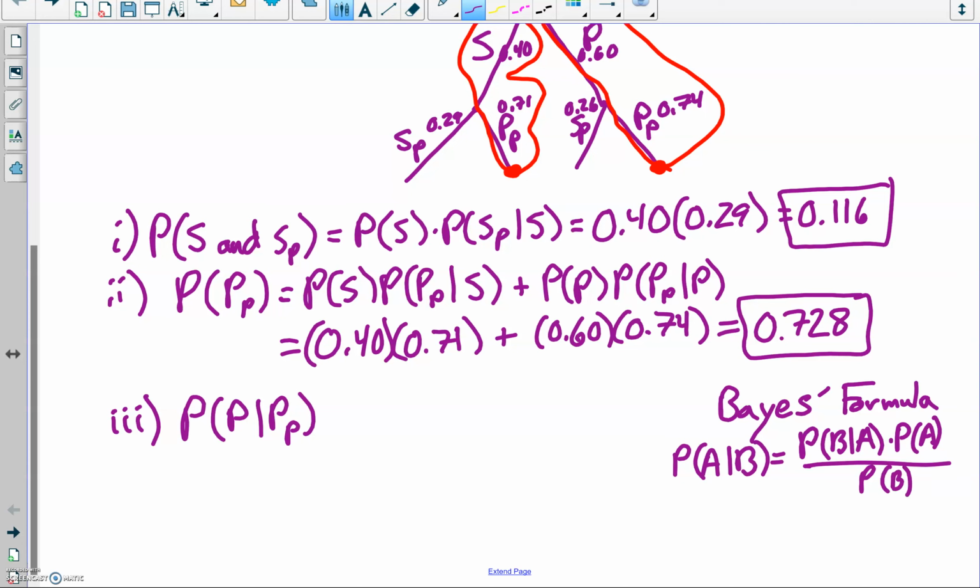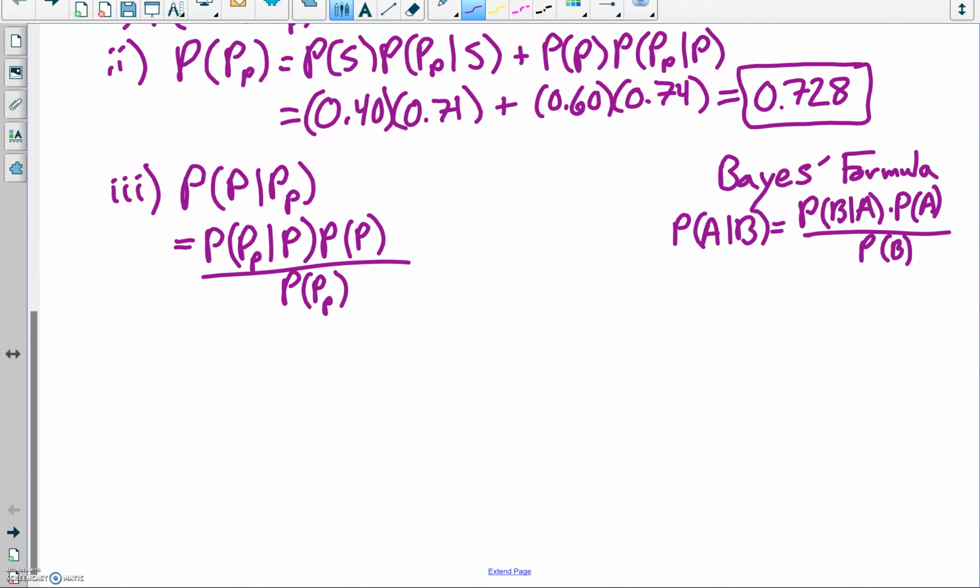Writing it in this form, we get the probability of a P producer, given that it was P or paired, times the probability of paired, which I have, divided by the probability of being a paired producer, which I figured out in the second part. So I've got all the information I need to put this together.